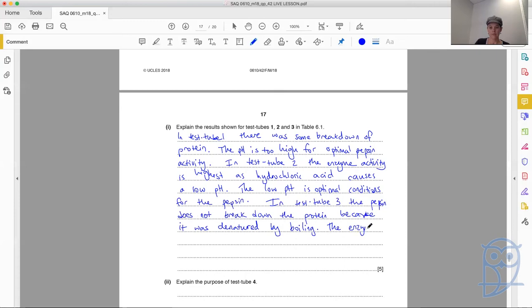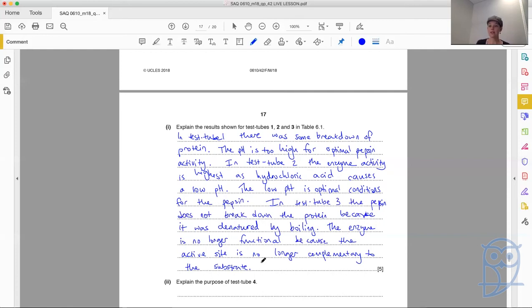The enzyme is no longer functional because, for example, the active site is no longer complementary to the substrate. So we can't have that interaction between the enzyme and the substrate because the enzyme's been denatured.